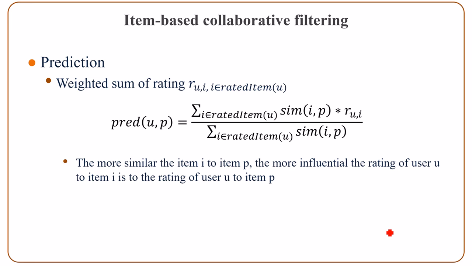The predicted rating of user U on item P is the weighted sum of ratings of user U on item I, where items I are the items that are rated by user U. If we call r_UI the rating of user U on item I, then the more similar item I is to item P, the more influential r_UI is to the prediction of the rating for user U on item P.